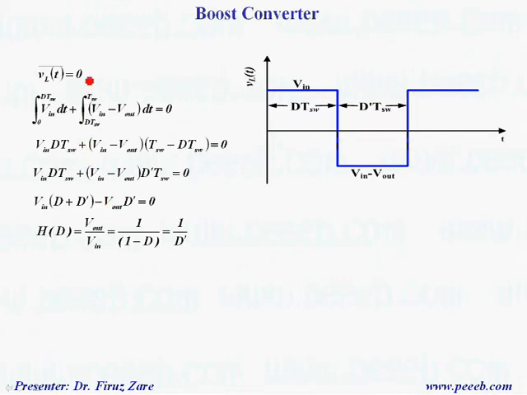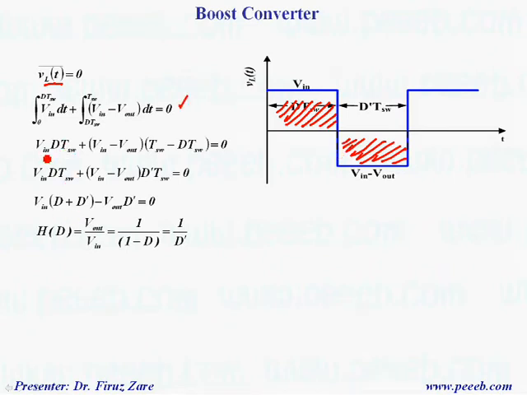As I mentioned before, to find the conversion ratio, the average voltage across the inductor should be 0 if the system is in steady state. That means this area should be equal to this area. In this case, the average voltage across the inductor is 0.